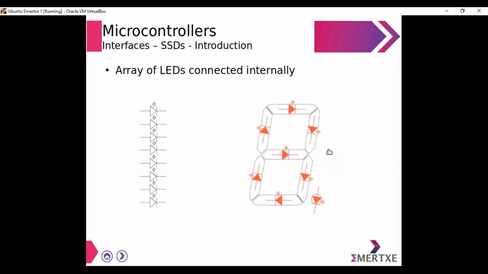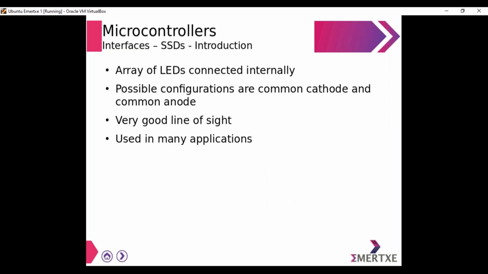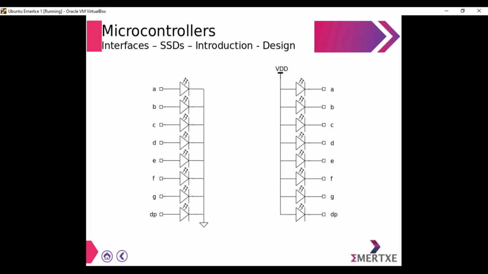These 8 LEDs can be commonly connected on the anode side or on the cathode side. These are the possible configurations. Now if you see the first case, this side is anode and this side is cathode. So what type of configuration is it?